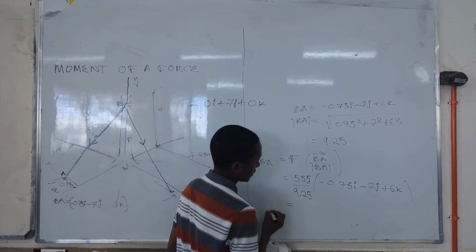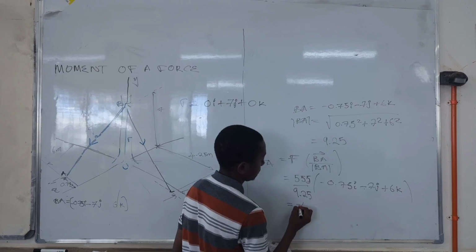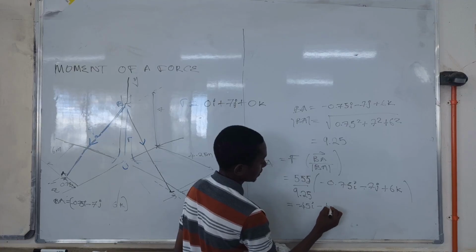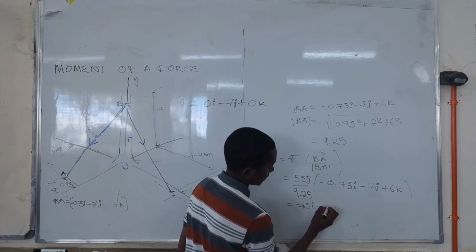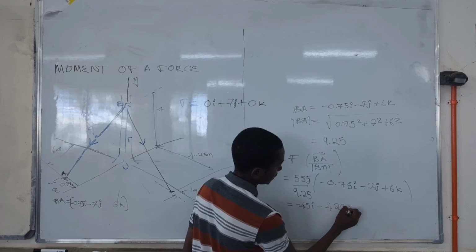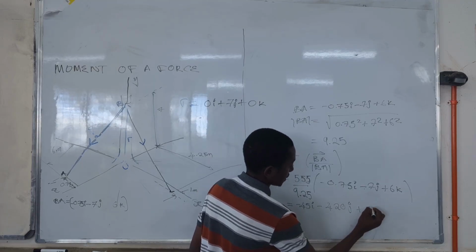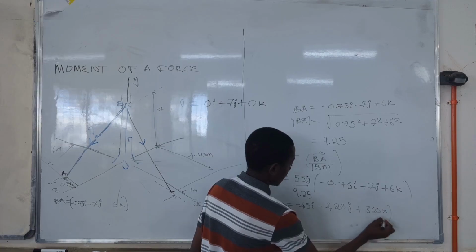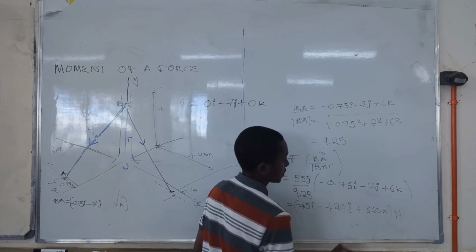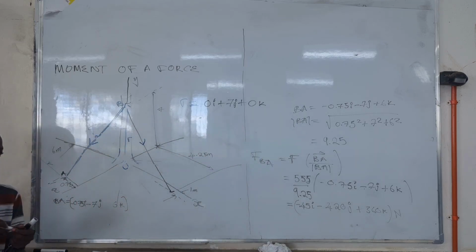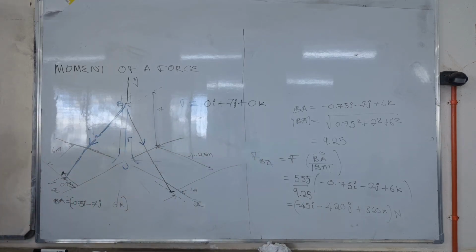So you're getting negative 45 i minus 420 j plus 360 k, and remember the units. This is in Newtons. So that's what we're getting. We have expressed the force in Cartesian form.